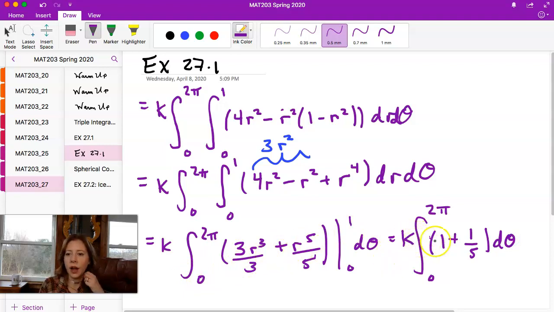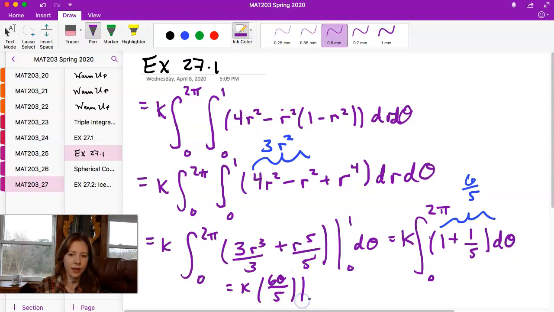And so 1 plus 1/5 is just 6/5, d theta, which, when you integrate that, is just going to be 6 theta over 5 times k. So this is going to be equal to k times 6 theta over 5, evaluated from 0 to 2 pi. And so it's just going to become k times 12 pi over 5. And that's going to give us 12 pi k over 5 is the mass.